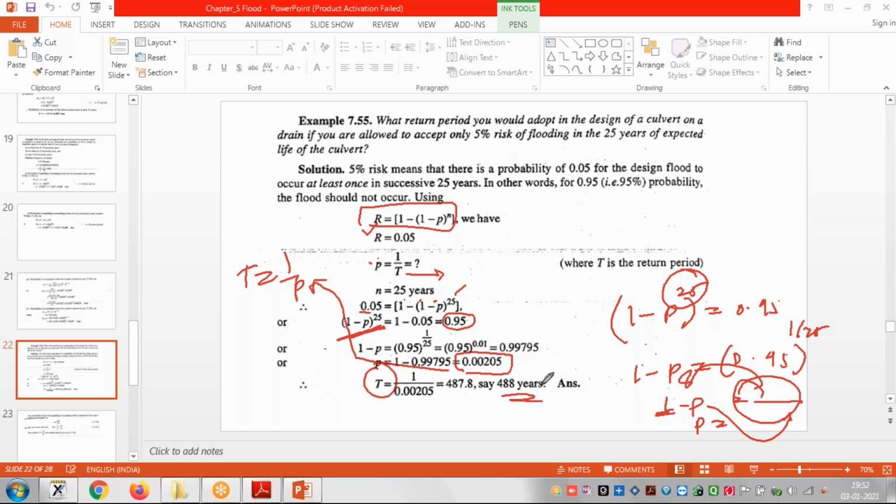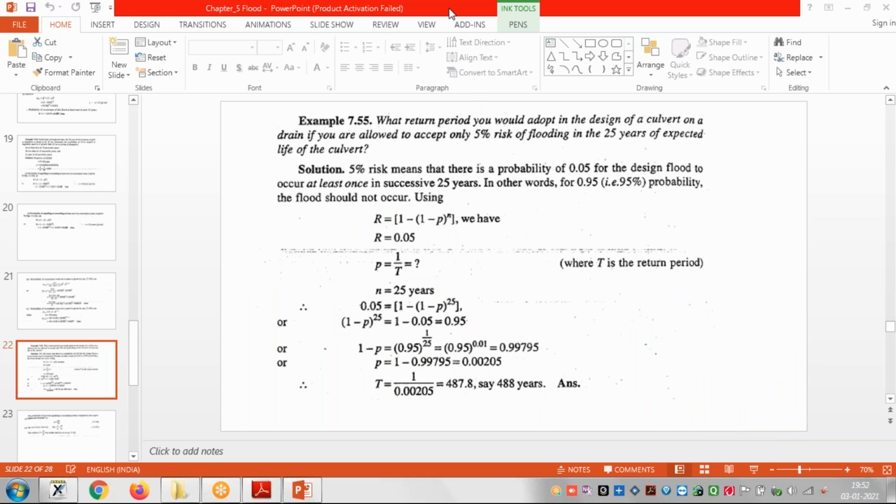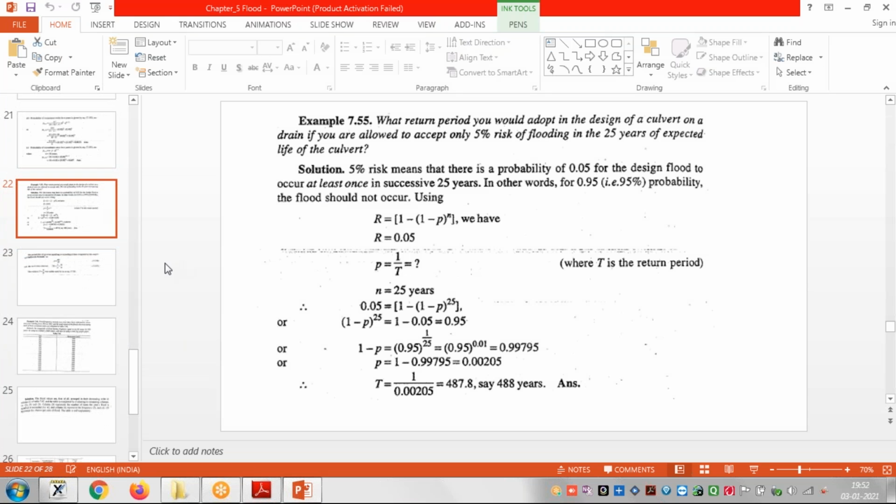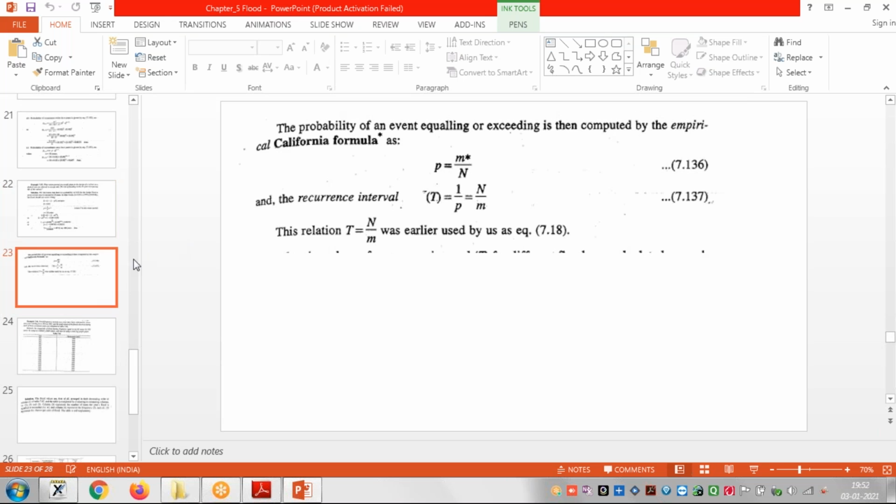It means the same type of flood, with the same magnitude, may come after 488 years. As the value is high, we can say the return period is safe so far. Now, is there anything else asked?